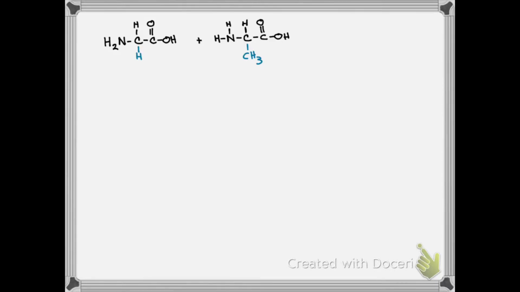What ends up happening is you take the hydroxide, the OH group, off of the amino acid on the left. That goes away. One of the hydrogens on the nitrogen of the other amino acid goes away, and you end up forming a new bond between the carbon where you took the OH off and the nitrogen where you took the hydrogen off.